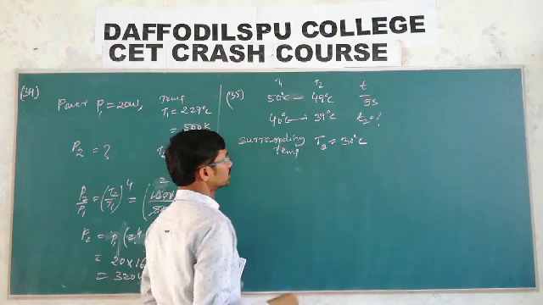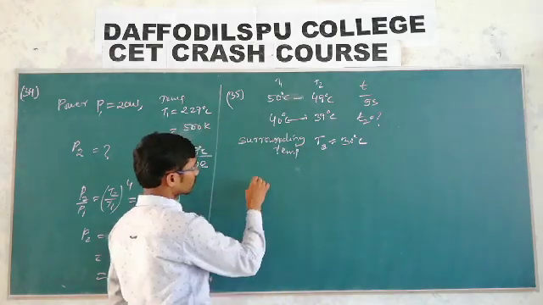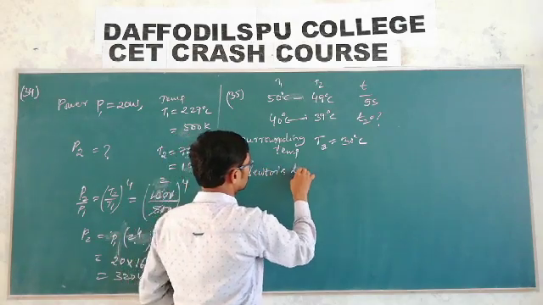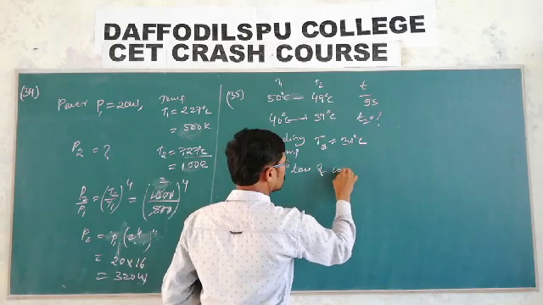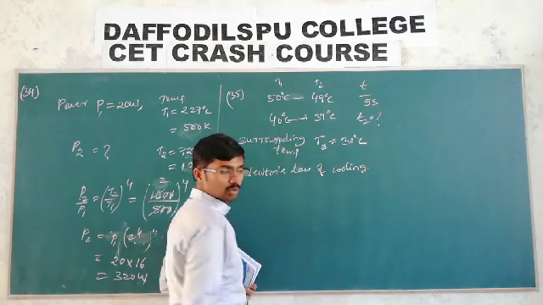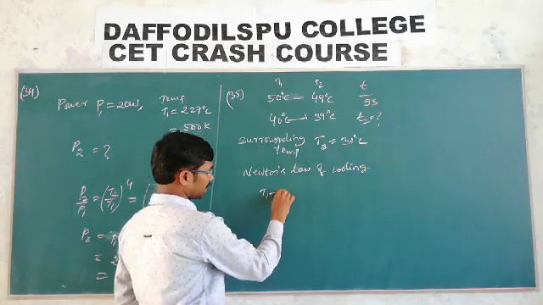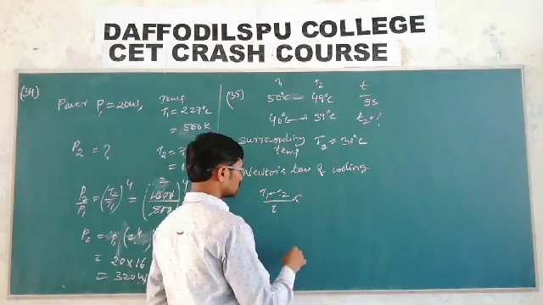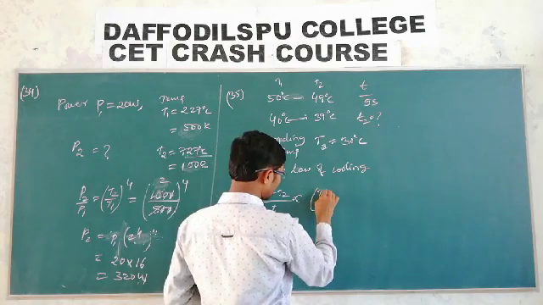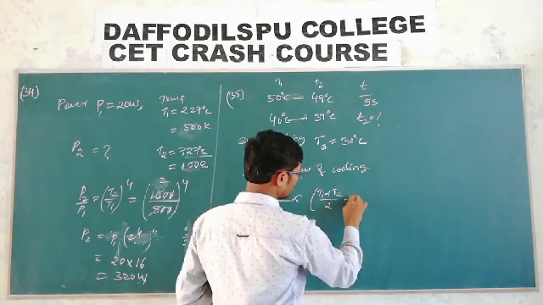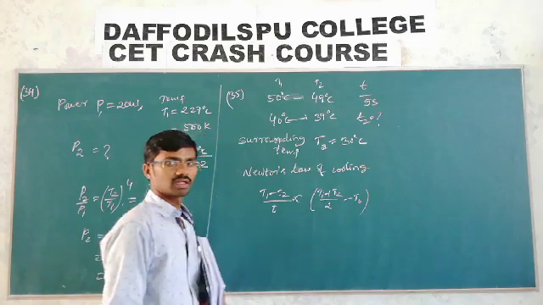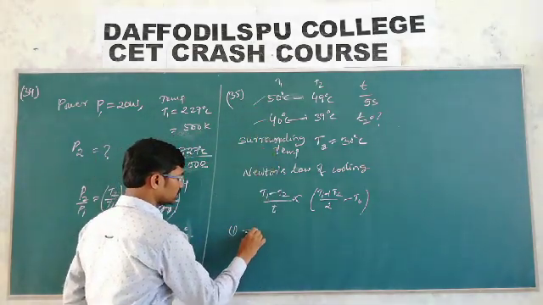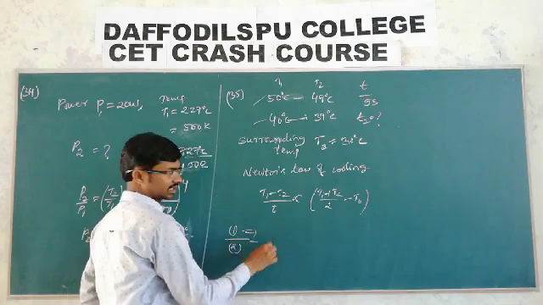is T0, 30. Now what we know from Newton's law of cooling? From Newton's law of cooling, T1 minus T2 by t is proportional to (T1 plus T2 by 2) minus T0. Now let us take the ratio for the first case to the second case.